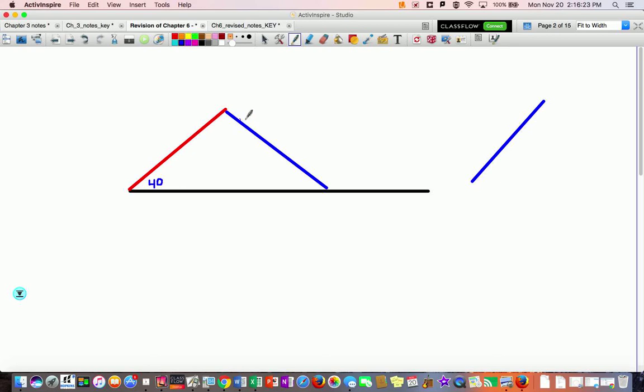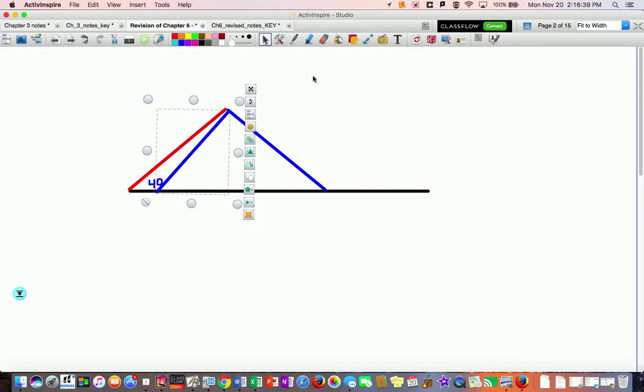The thing about this blue one is we can actually rotate it. So I'm going to rotate it in and move it. And what's going to happen is it can end up somewhere like this. And so you could have this triangle that looks like this bigger one, or you could have this little tiny skinny triangle. And that's what is truly the ambiguous case.